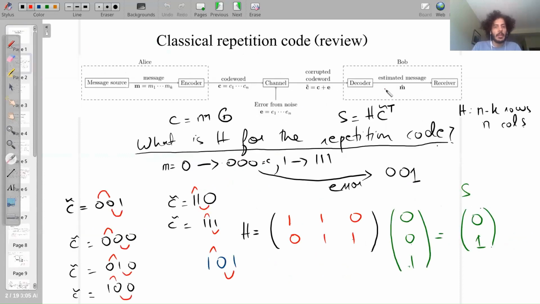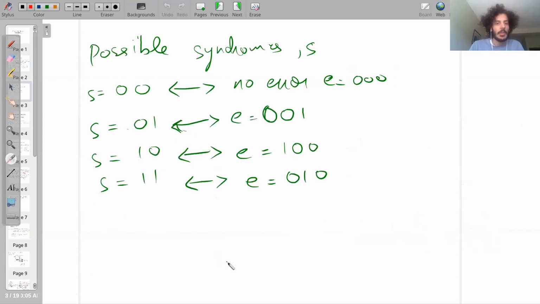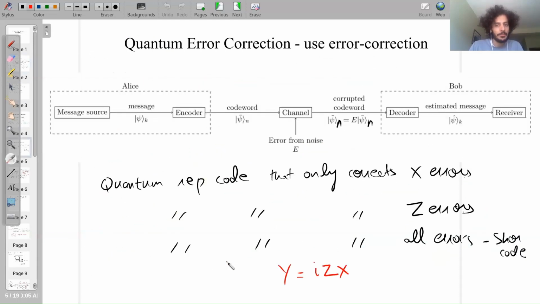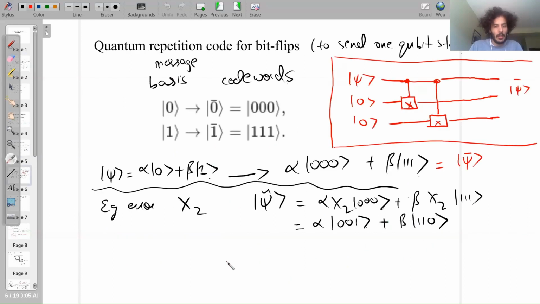So the things we have done: we learned that in the classical repetition code, this comparison of bits allows us to construct a parity check matrix. Using this idea of comparison, we constructed a quantum error correcting code in which we repeated the qubit 3 times. Well, not the value of the qubit. We converted something like alpha 0 plus beta 1 to alpha 000 plus beta 111.